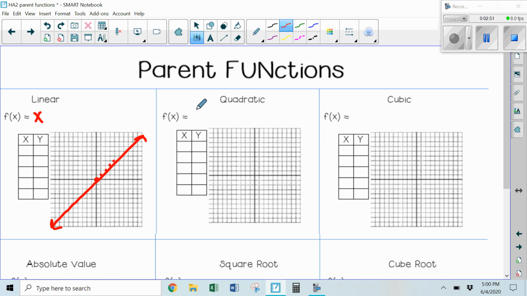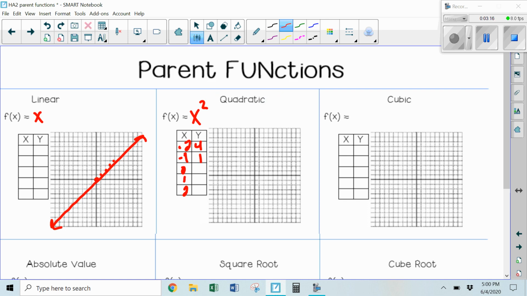Quadratic function is x squared. So let's say you forgot what that looks like. Let's make some points. If I plug -2 in for x, what's -2 squared? That's 4. What's -1 squared? 1.